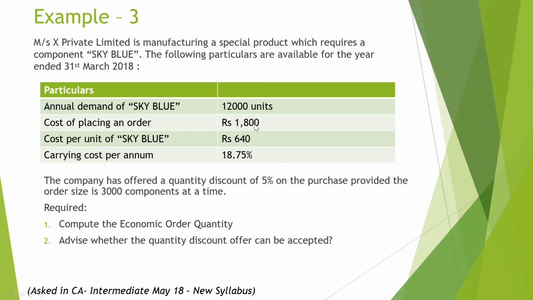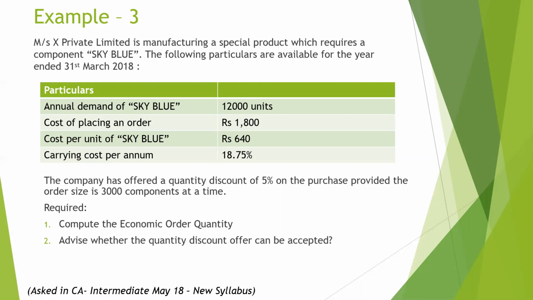Cost of placing an order is 1,800. Cost per unit is 640. And carrying cost per annum is 18.75%. It's also mentioned that the company has offered a quantity discount of 5% on the purchase provided order size is 3,000 components at a time.